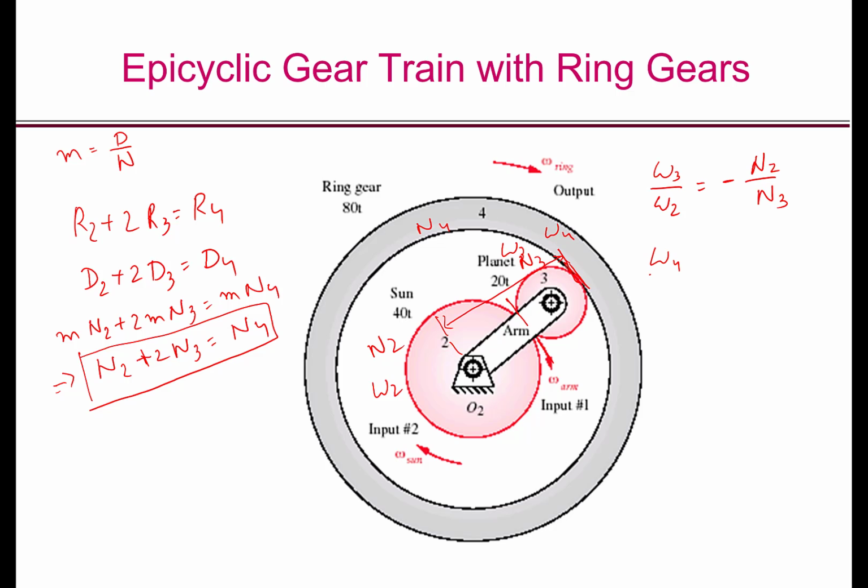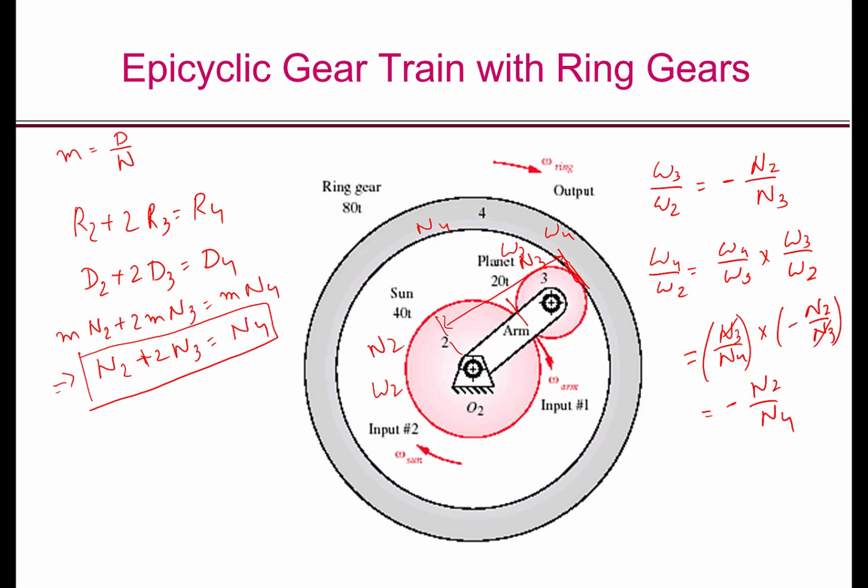Omega 4 by omega 2 equal to omega 4 by omega 3 times omega 3 by omega 2. Now omega 3 by omega 2 is minus N2 by N3 as we have seen above, and omega 4 by omega 3 is N3 by N4. The sign here is positive because gears 3 and 4 form an internal gear set. Therefore, we have omega 4 by omega 2 equal to minus N2 by N4.